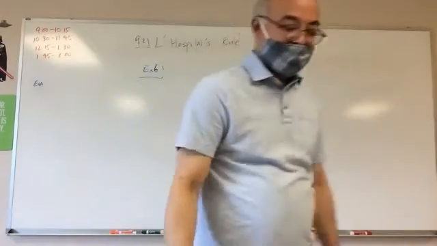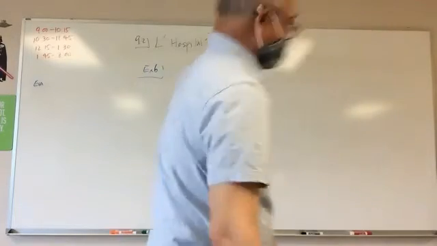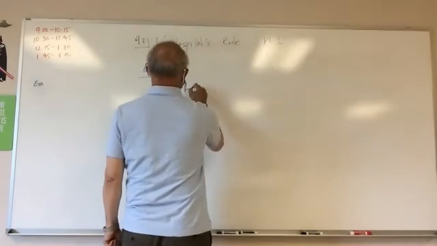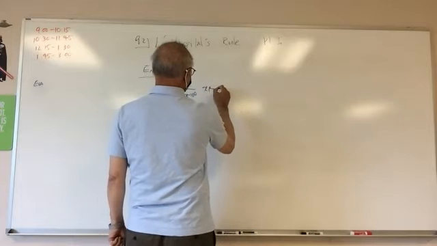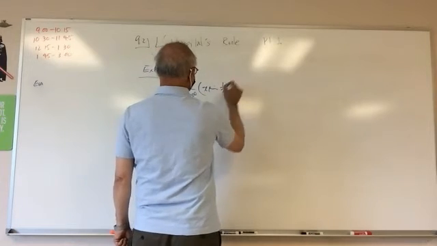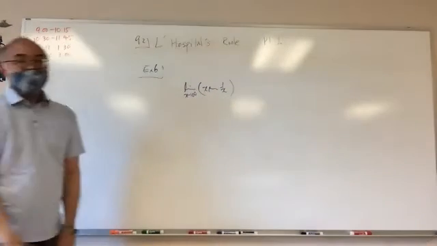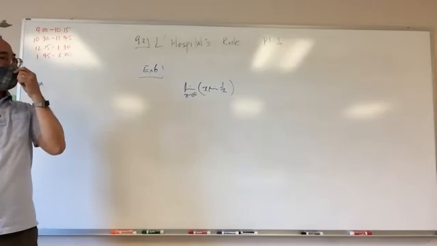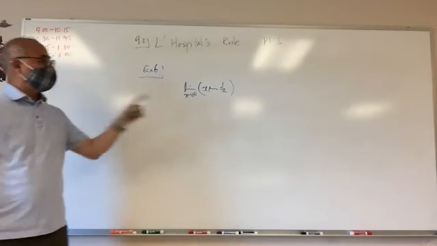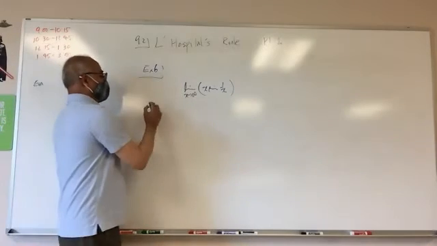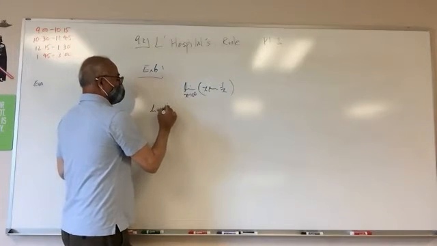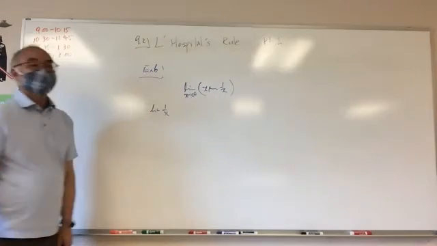Example number 6, we've done this before. Now remember we had this and we weren't really sure what to do. So what we did was we called h equal to 1 over x.